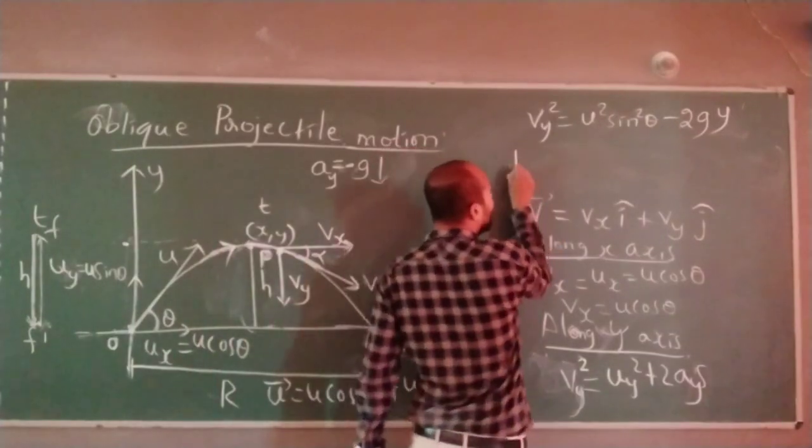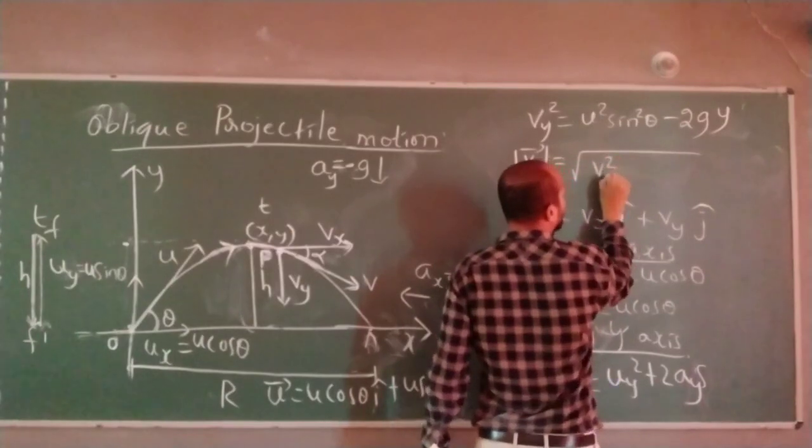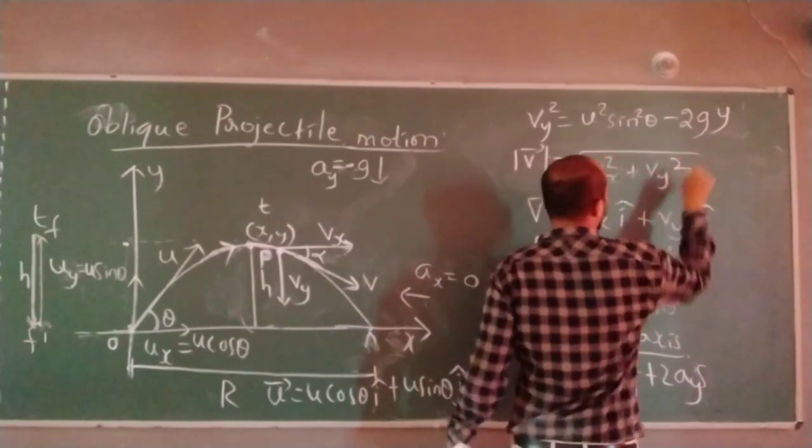From these formulas, the magnitude mod V can be written as root of Vx square plus Vy square.